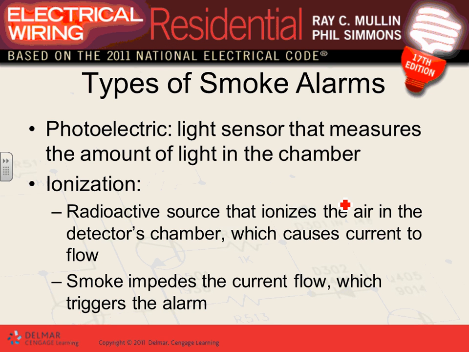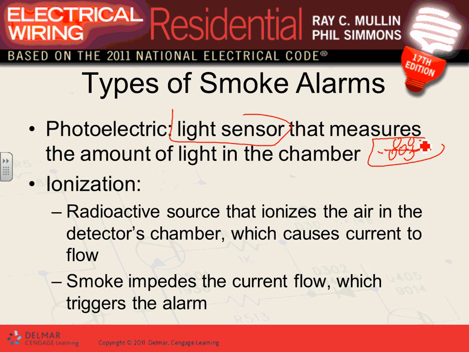Okay, technologies that we have for the smoke detector. How do they sense the smoke? There are two technologies, guys. Technology number one: they have a light sensor that measures the amount of light in the chamber. There is a little chamber with a light beam.